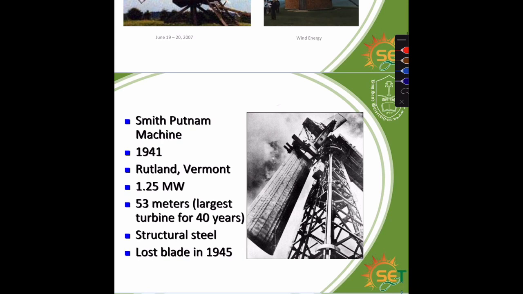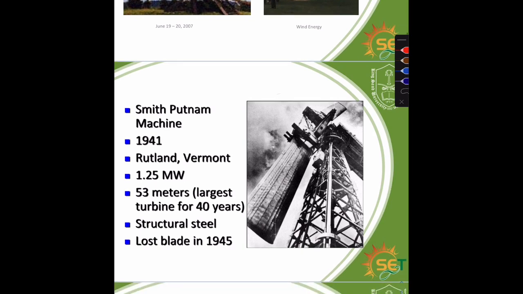So that's a picture actually that was taken in 1941 in Vermont. This used to produce 1.25 megawatt with a height of 53 meters, and that was the largest turbine for 40 years.